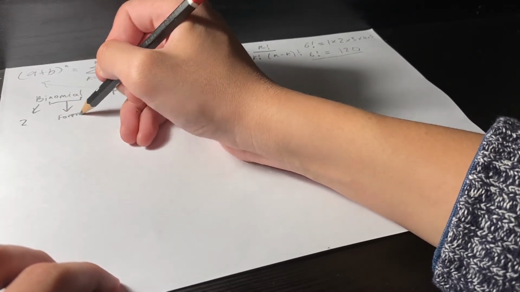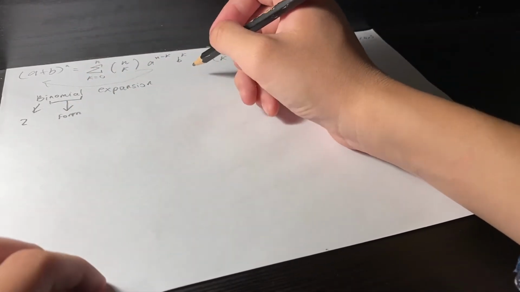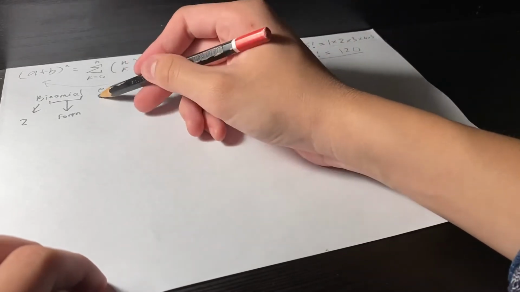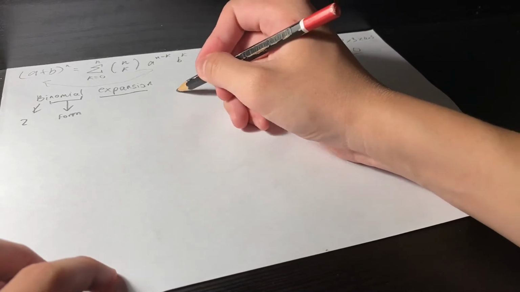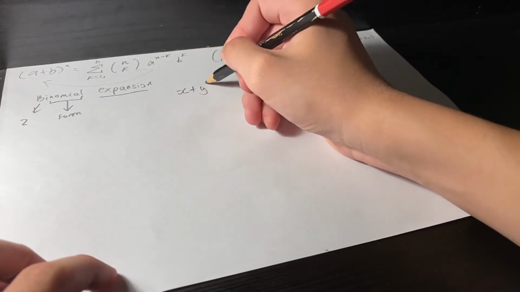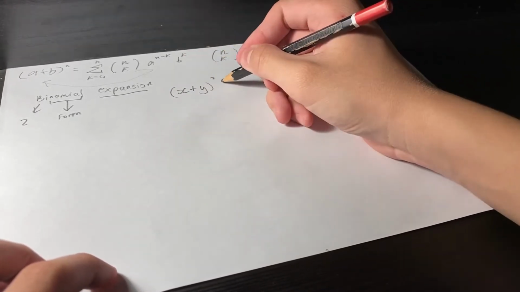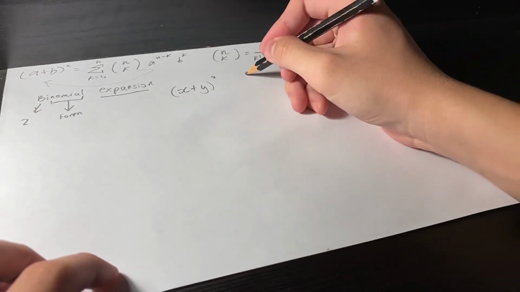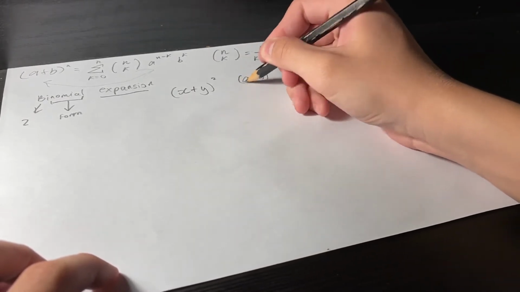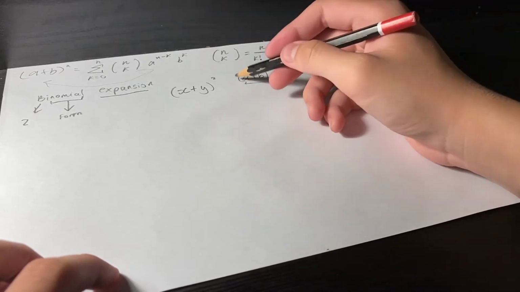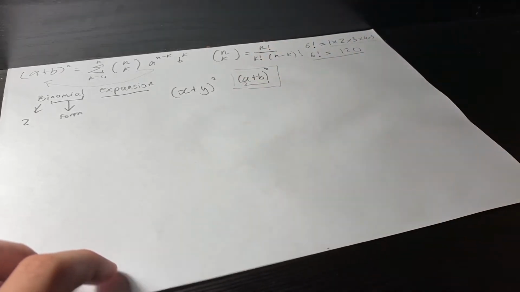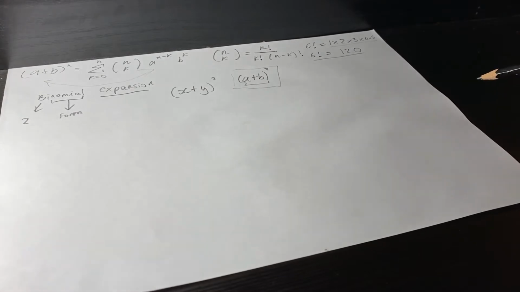So a binomial expression is a form of 2 terms. And to expand that, we're just expanding a form of 2 terms. So like this, (x plus y) squared, and you want to expand that. Or (a plus b) squared, that's binomial expansion. So how do we expand this binomial expression right here?